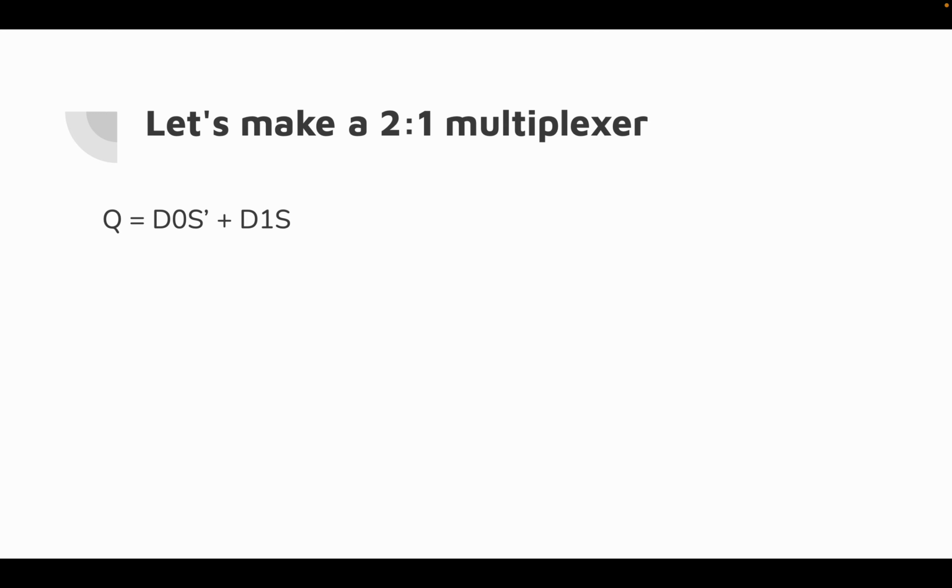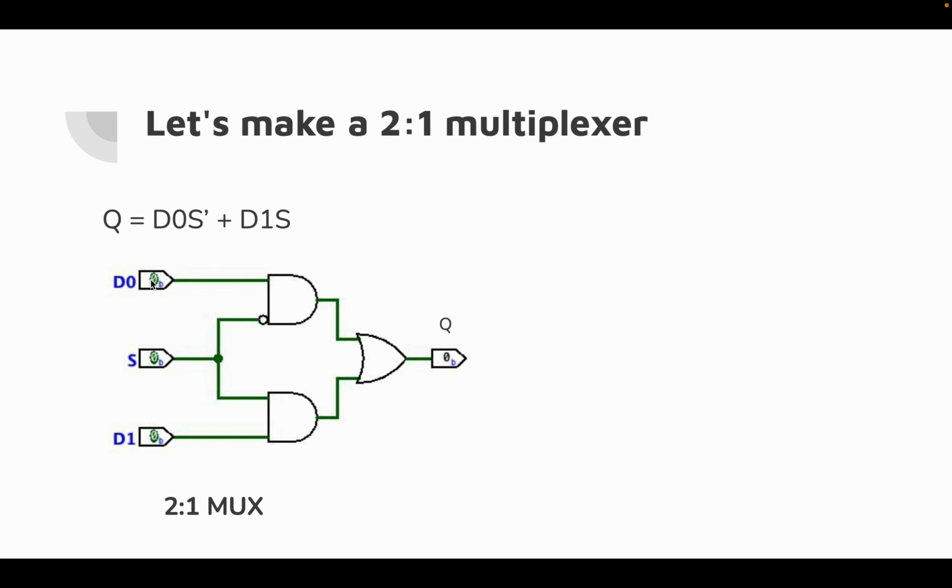And as we can see here, we have our given equation, which is Q is equal to D0 times S prime plus D1 times S. So what that would look like in a regular logic circuit display, it's going to have D0, S, and D1 as our inputs, in which we have S going through a prime or a dot gate with D0, and then S going through a regular AND gate with D1.